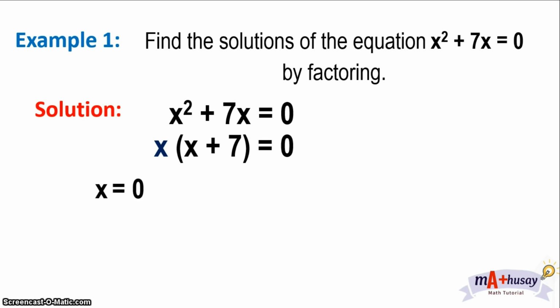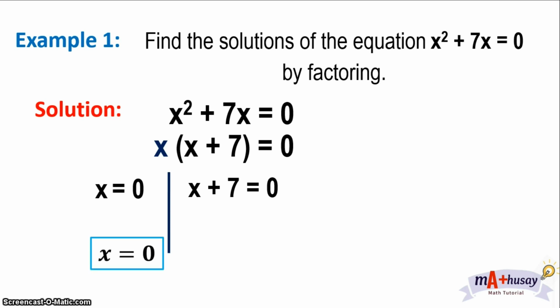Now, we have two equations. We have to apply the zero product property. One is x equals 0, and the other is x plus 7 equals 0. Then we have to solve for x. For x equals 0, there's no need to solve for x because we know already that x is 0. For x plus 7 equals 0, we add negative 7 to both sides of the equation.